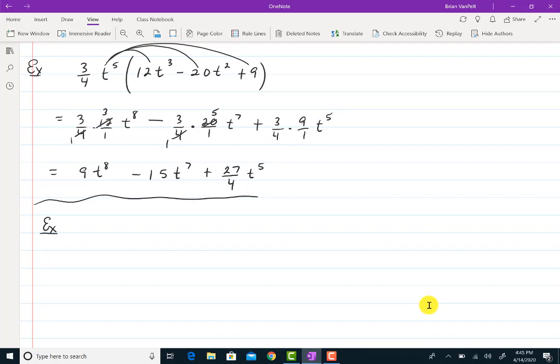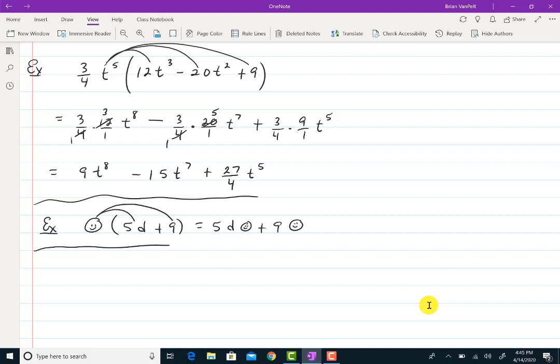If I were to give you something like this, you would take that smiley face and multiply it to each piece inside of there, and you would get 5d times the smiley face plus 9 times the smiley face. So no matter what smiley face is, that rule is appropriate.